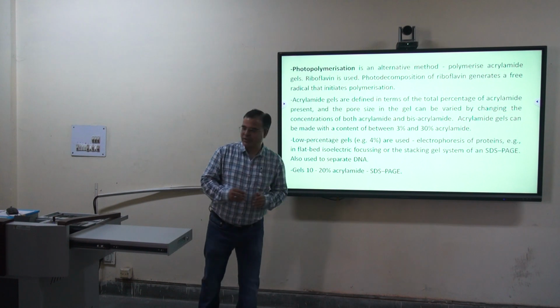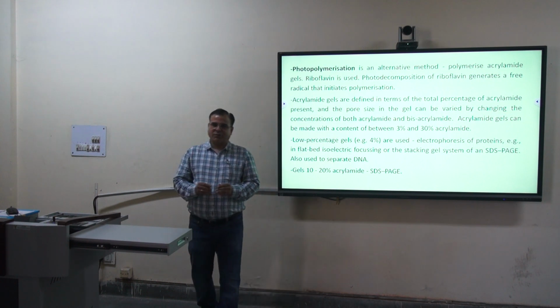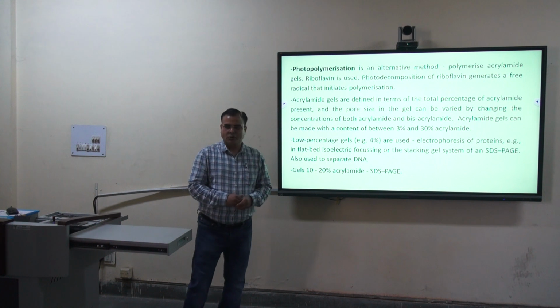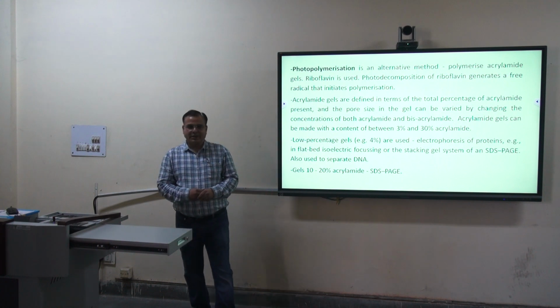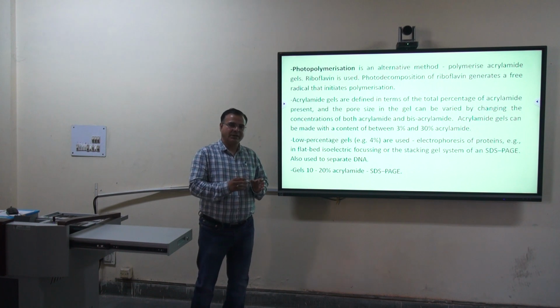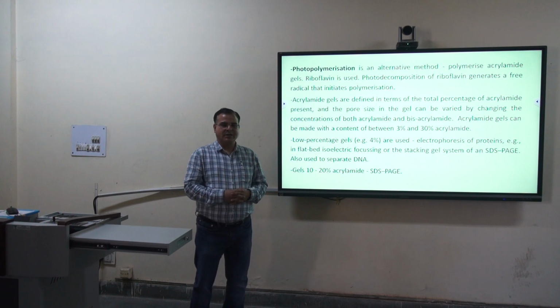Generally, acrylamide is taken in a concentration of about 3% to 30%. If we have to keep the pore size bigger, we take a lower concentration of acrylamide, and if we have to decrease the pore size, then the acrylamide concentration should be more.